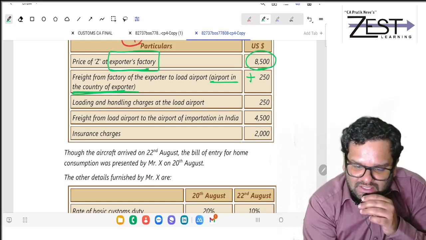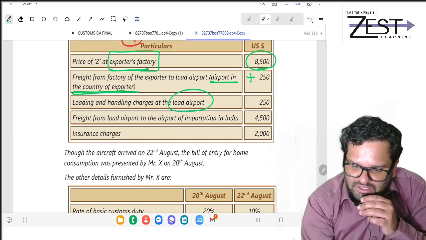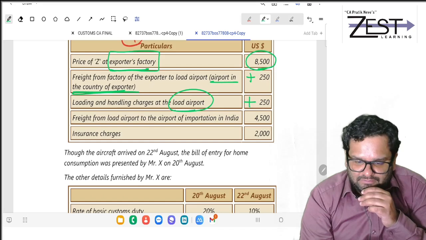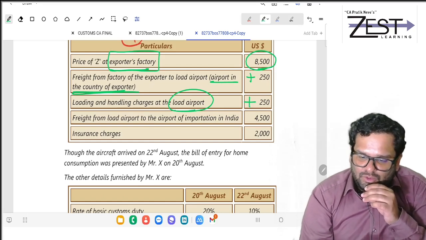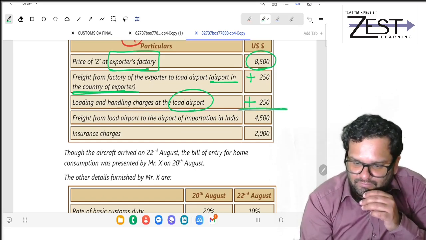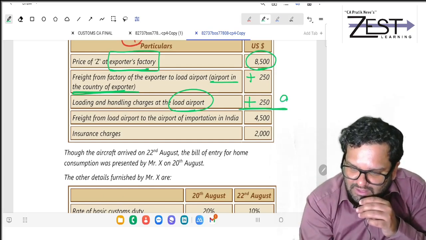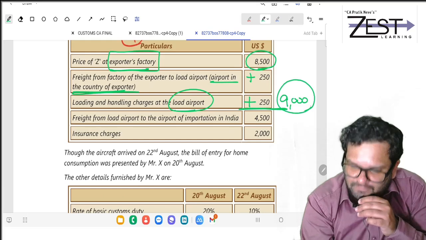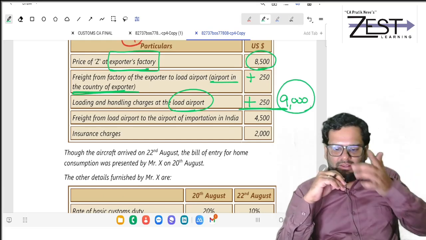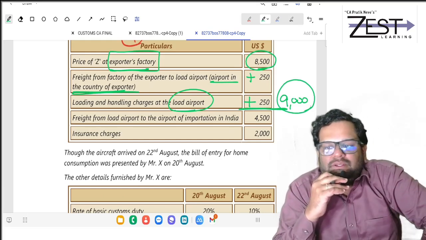Loading and handling charges at load airport, means exporter's airport. Add. Did you understand? Take the total. This is your FOB. So I think 9,000 is your FOB. Are you all getting 9,000 as FOB?